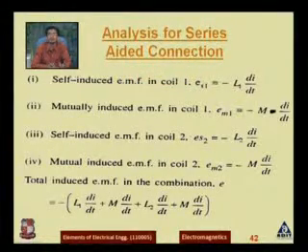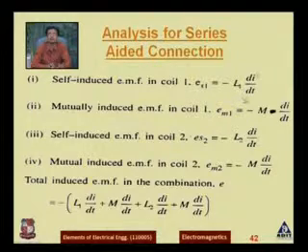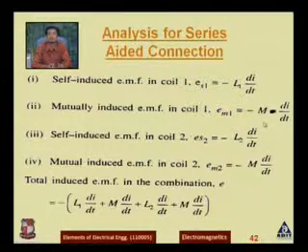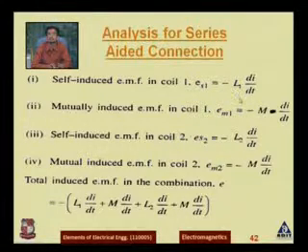So the self induced EMF in coil 1 we can find: ES1 is equal to minus L1 dI by dt. In the same way, the mutual induced EMF in coil 2 is EM1 is equal to minus M into dI by dt. What are this L and M? L is the statically induced EMF coefficient and M is the mutual inductance coefficient.